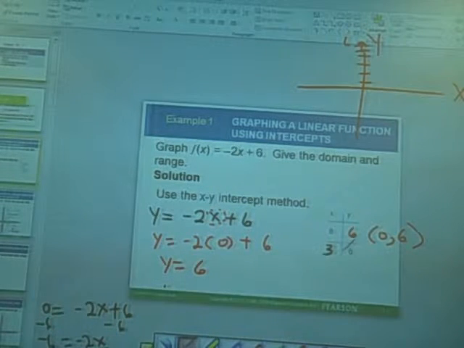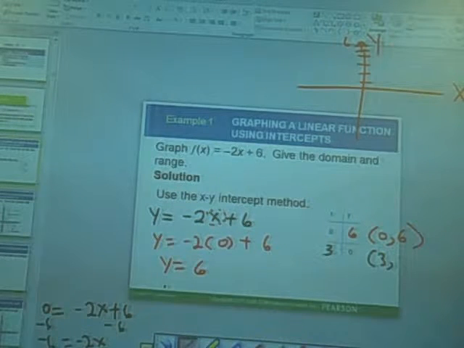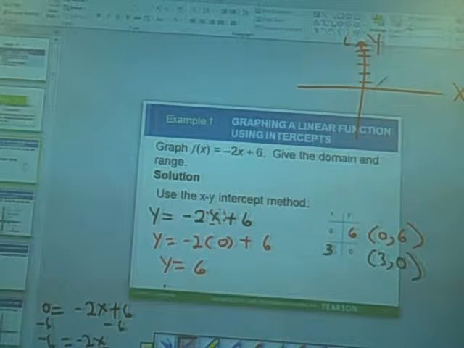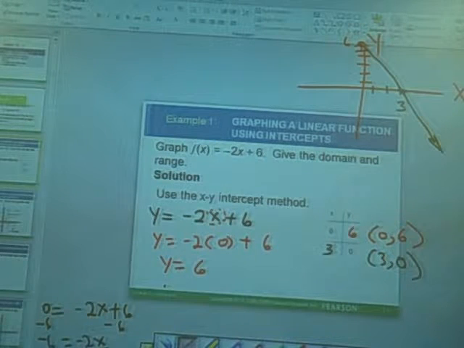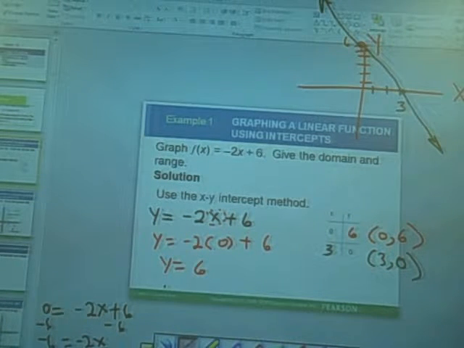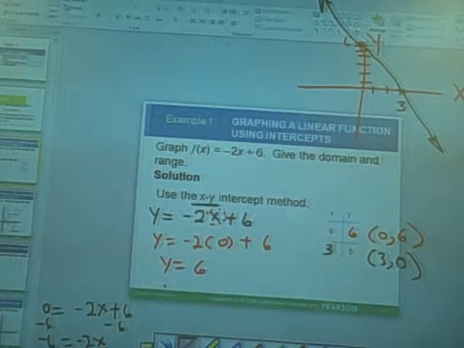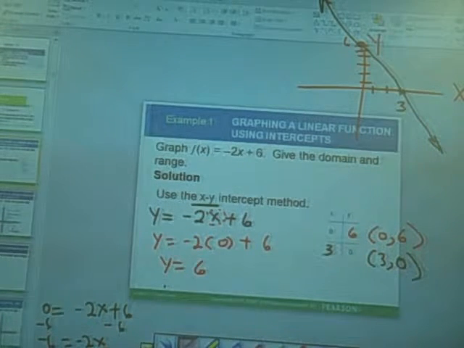So in that case, since y was 0 and x is 3, this would be 3, 0. And if we were to graph that, then our line would look something like this. And so that's known as the xy intercept method. Alright, any questions with that?